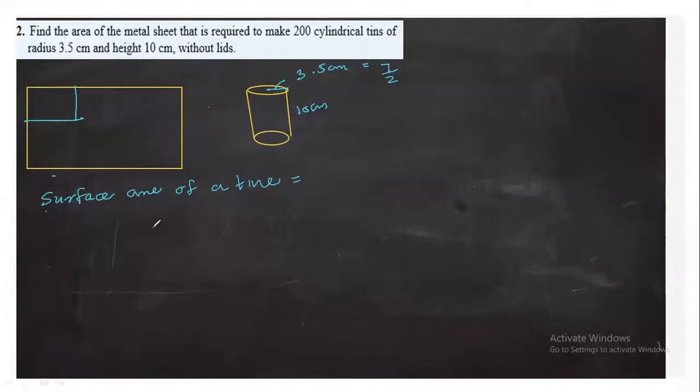That surface area of a tin equals, we are going to take 2 pi r h, it means the curved part.